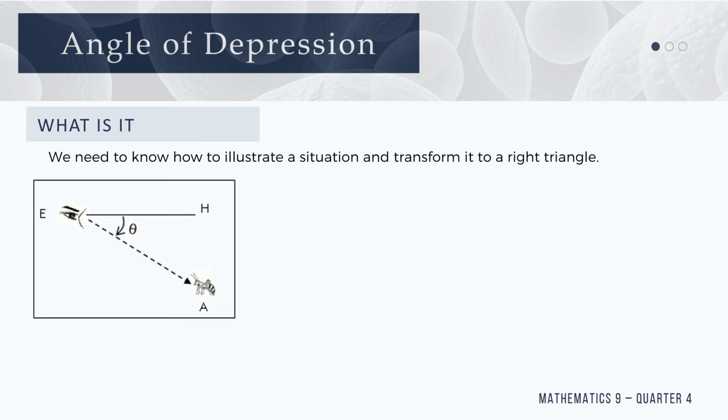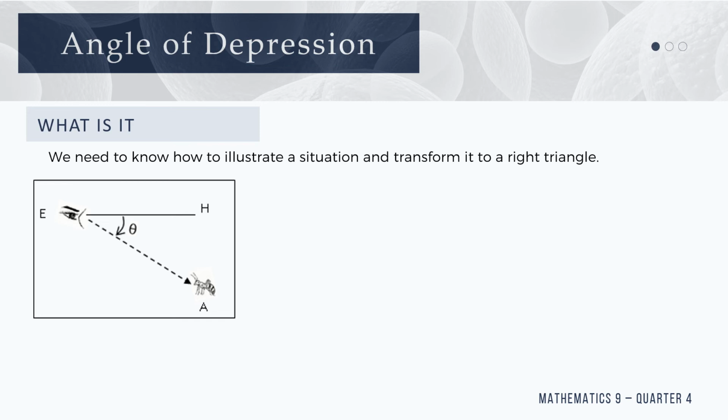How can we use this in real life situations, and how do we calculate the angle of depression and other missing parts involving the right triangle created out of a given problem? So first, you need to know how to illustrate a situation and transform it into a right triangle.